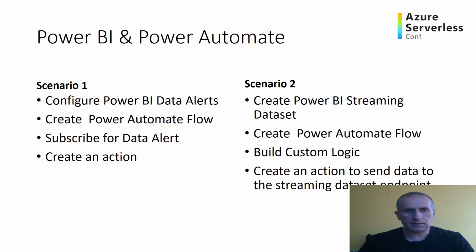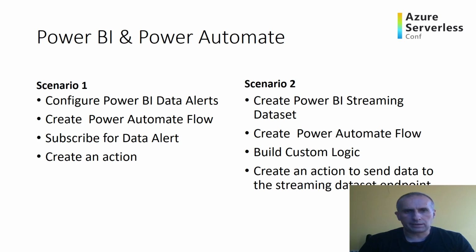We can have one very interesting option, almost without development, to connect Power BI with other services using Power Automate. It is possible to have two different scenarios. In the first one, it is possible to use Power Automate to subscribe to some data alerts and to create an action and send specific information to Power BI.